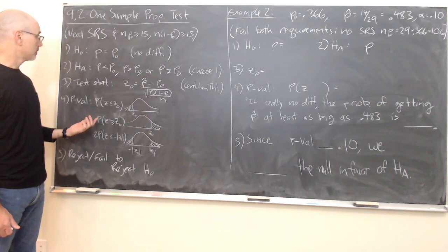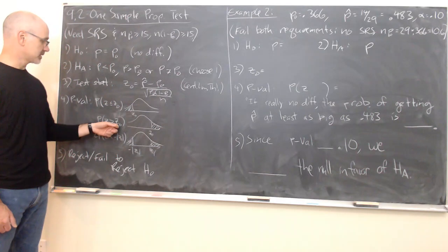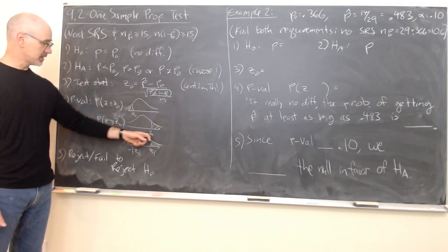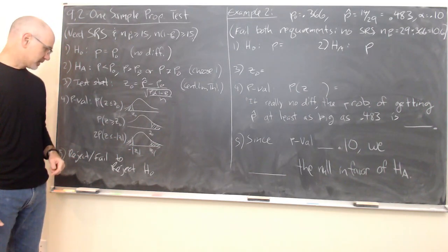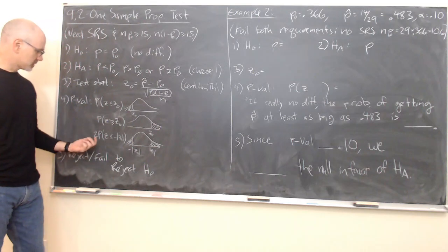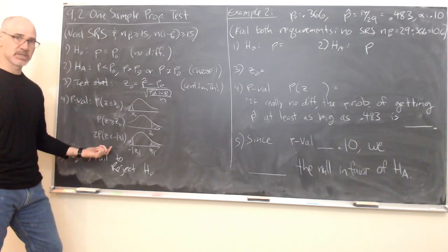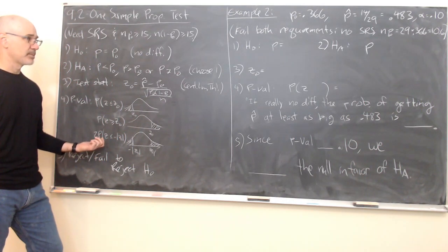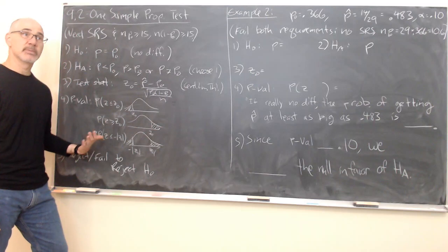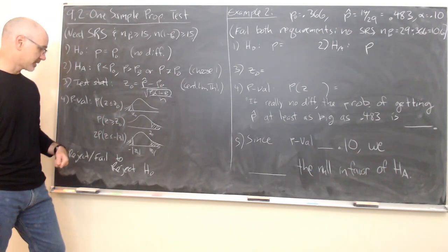All right, for the greater than alternative, we want the probability of getting a p hat or z-score at least as big as the one we got, so that would be everything to the right of z naught. And then the one that's a little confusing, I think, at first: if our alternative hypothesis was just not equal to, then we have to figure out the probability of getting something as extreme in both directions as the p hat or the z-score for p hat that we got.